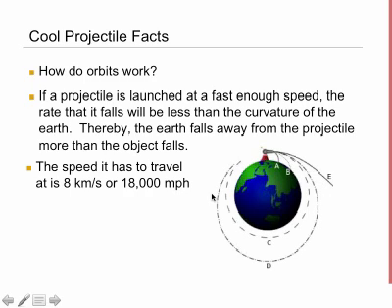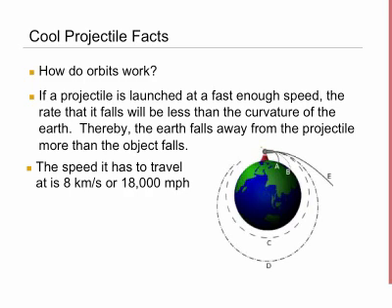Why is that? Well, it's because gravity is still pulling on it, but it never hits the ground. It so happens that if you launch it at 8 kilometers per second, the distance it travels forward and the distance it falls down is equal to the curvature of the Earth. So as the object falls, the Earth also falls away with it.